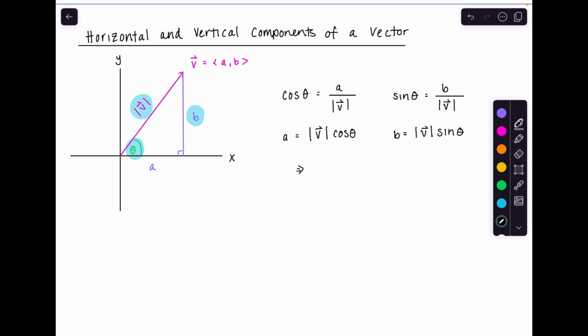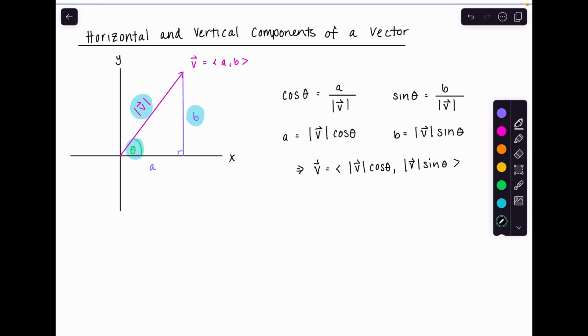So really, your vector v can be written in terms of the length and the angle that it's making with the x-axis. So this is the magnitude of v cosine theta, magnitude of v sine theta. And it's exactly what you would expect because cosine deals with the x, sine deals with the y.